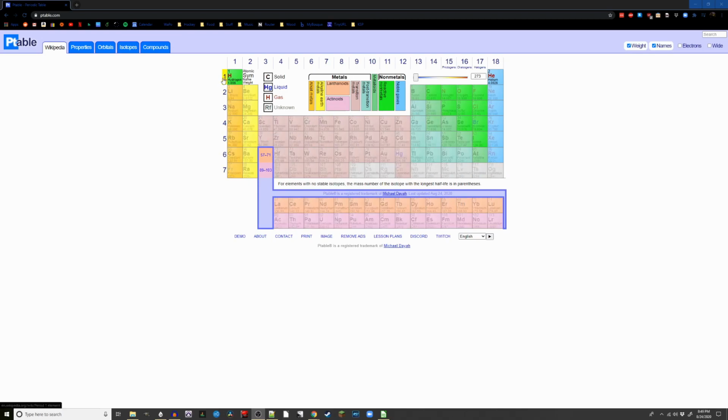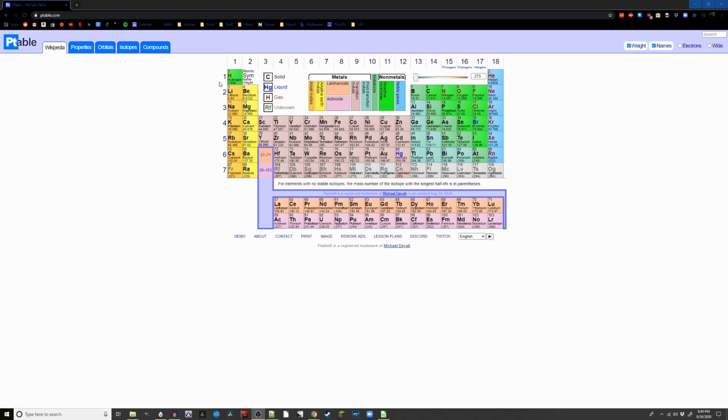This version of the table has not only the symbol, but the name of the element right underneath it, which is really nice when you're trying to find it. You don't have to use this particular website, ptable.com, but boy, I think it's really fascinating. I've spent probably a couple hours just looking through all the information on here. It's pretty wonderful. So then after the name, below that is the average atomic weight.